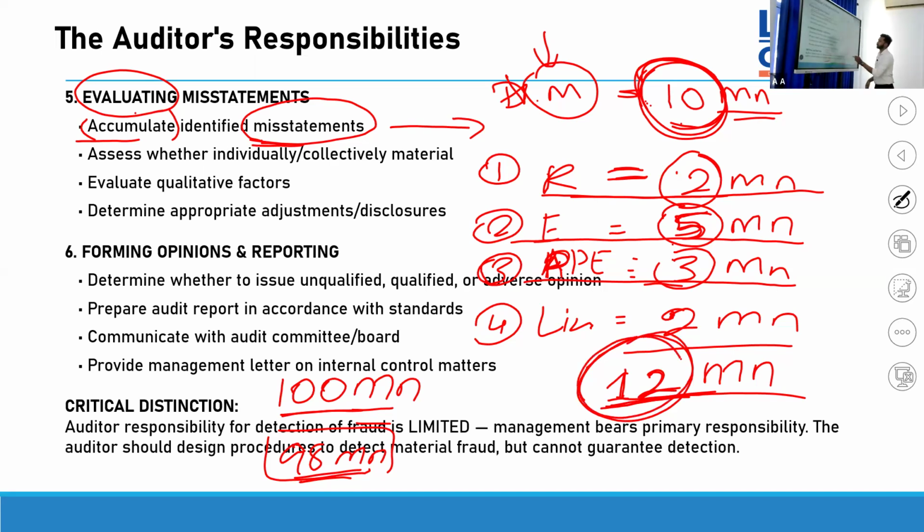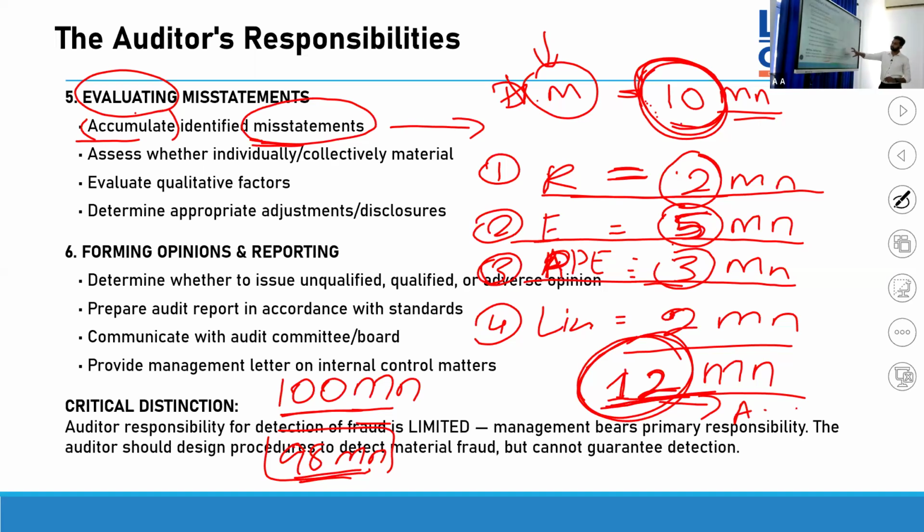Aggregately, it is exceeding our materiality level. Therefore, we need to consider modifying our opinion, or else we must communicate these misstatements in order to reduce them to the acceptable level.